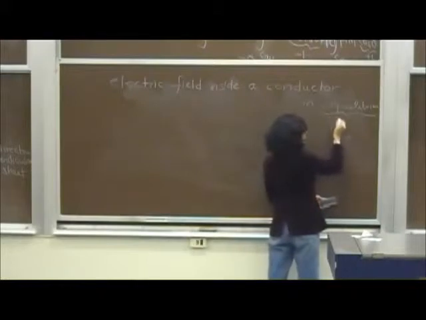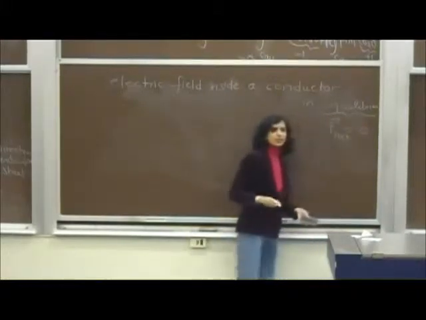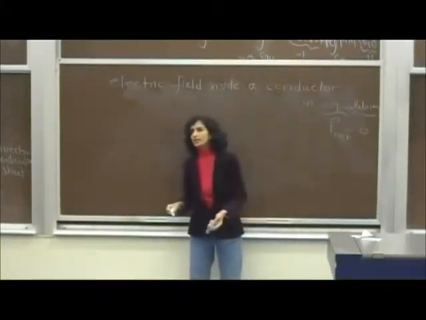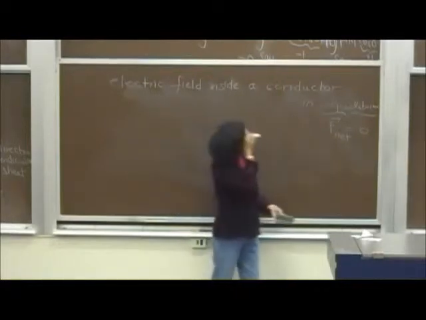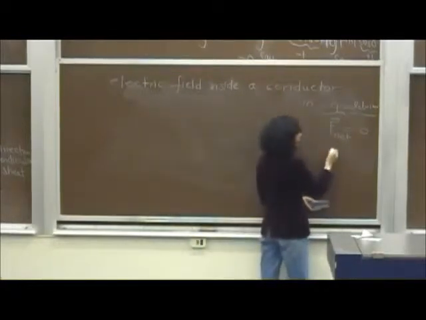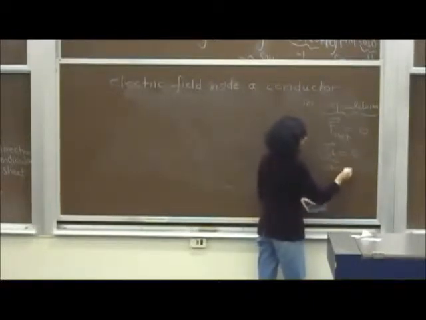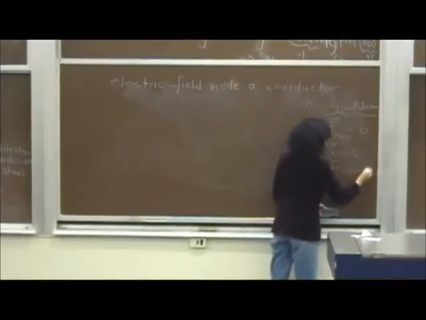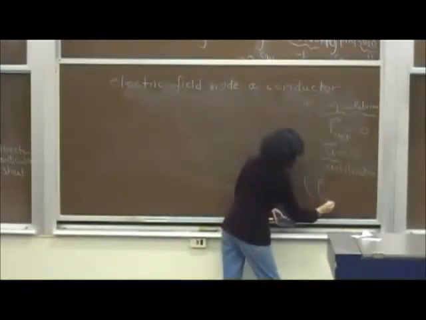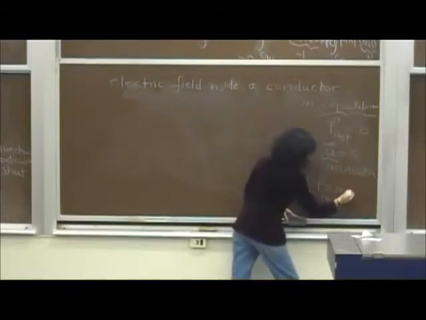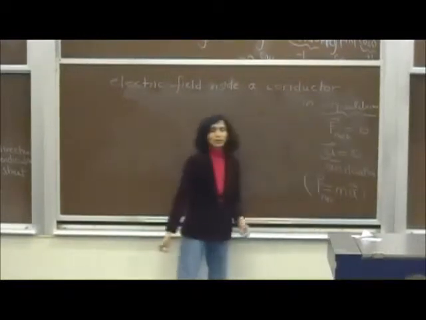So the net force is equal to 0. And if the net force is equal to 0, what does it tell you about the acceleration from Newton's second law? Yeah, that means that there is no acceleration of charges as well, because from Newton's second law, the net force should be equal to mass times acceleration.